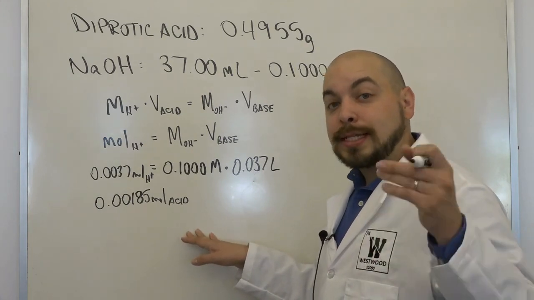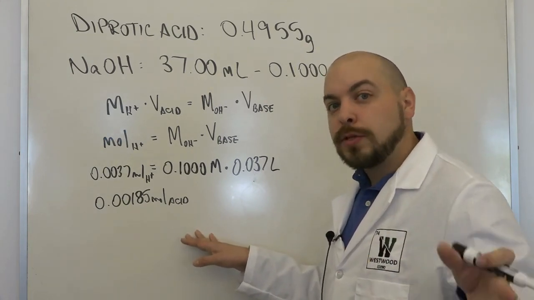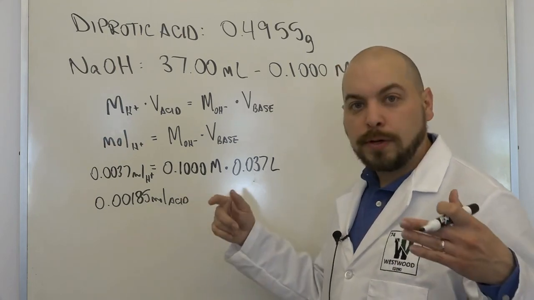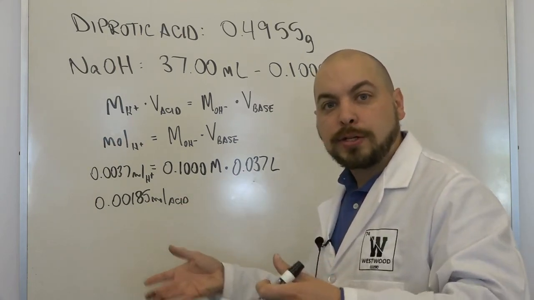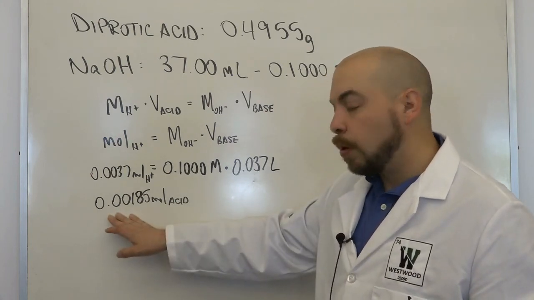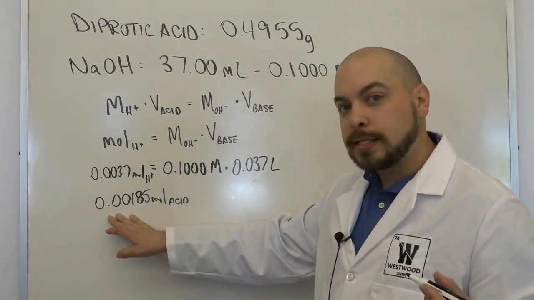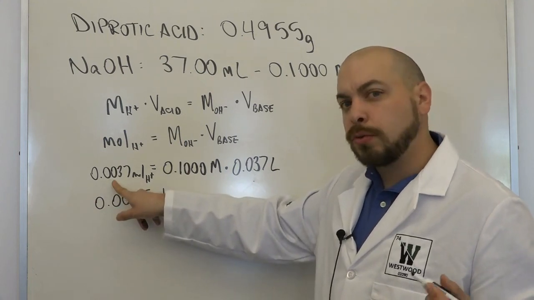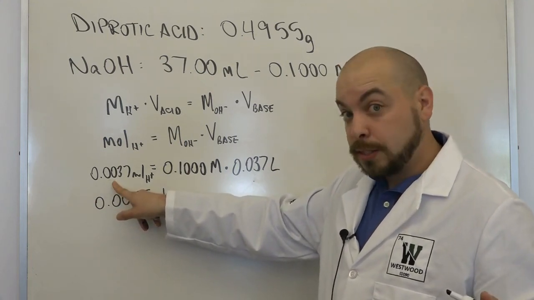Remember, this is because it's a diprotic acid. You wouldn't do this with a monoprotic acid because for every 1 mole of a monoprotic acid, you only get 1 mole of H+. In this case, it took 0.00185 moles of our acid to provide 0.0037 moles of our H+.